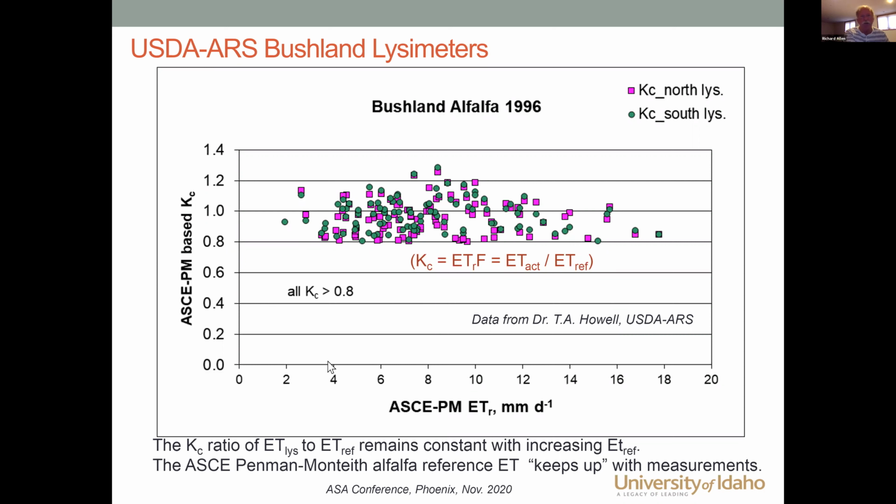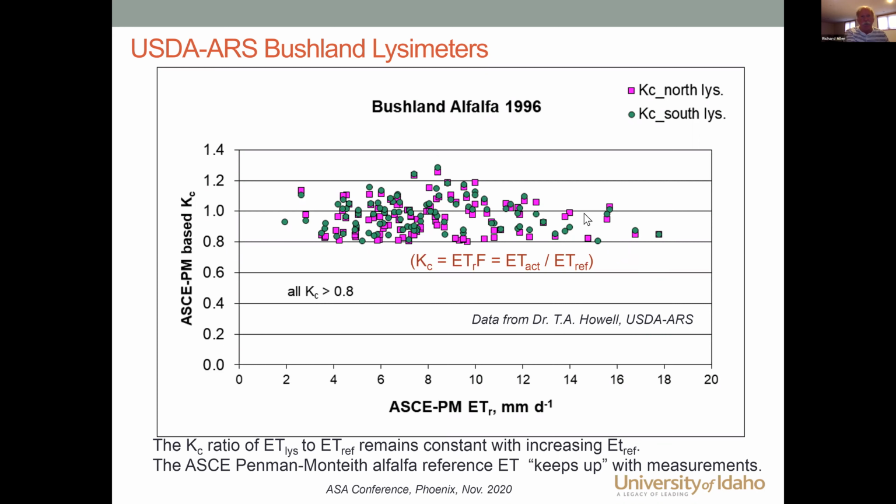So we can see what the Kc is behaving like for low reference ET, and then also for some very high reference ET, all the way up to 18 millimeters per day, which is amazingly high and rare to see, but it does happen in North Texas because of the high winds there. We've only plotted for Kc above 0.8 because we want to look at just the full cover conditions. And by the way, this is some 1996 data for alfalfa as measured on the Bushland lysimeters.